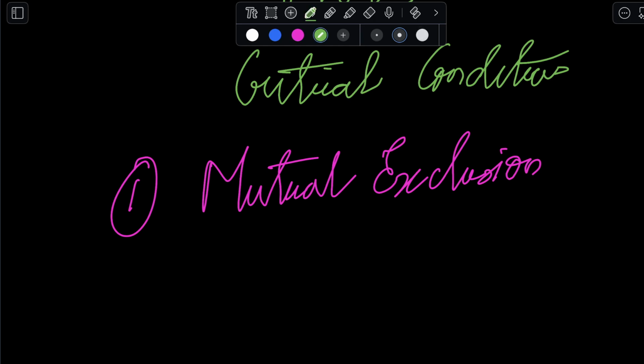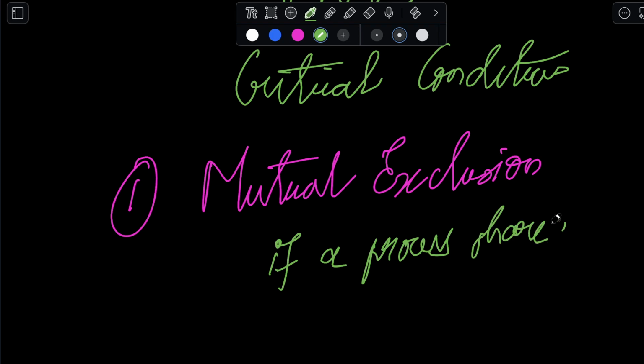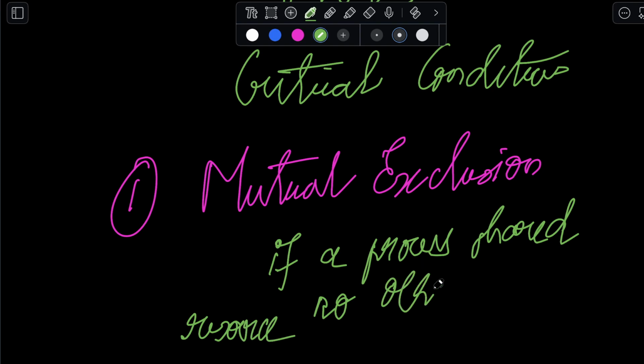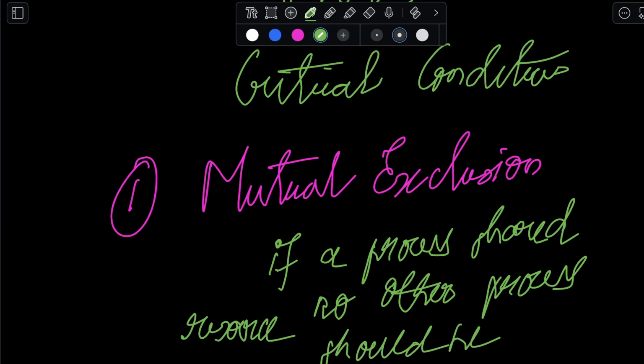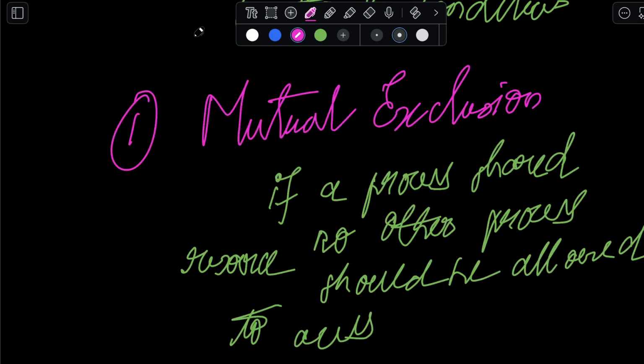If a process is using the shared resource, no other process should be allowed to access it. So this is the first principle of mutual exclusion, right?